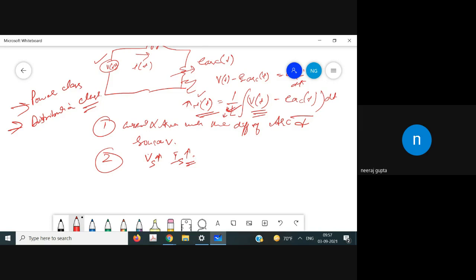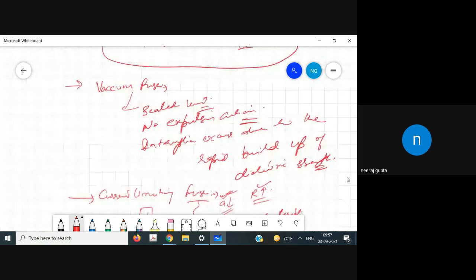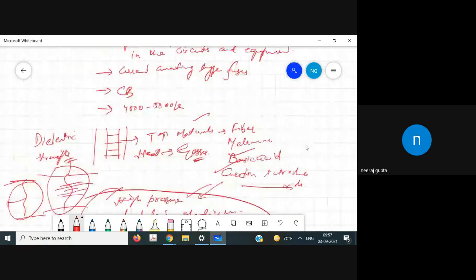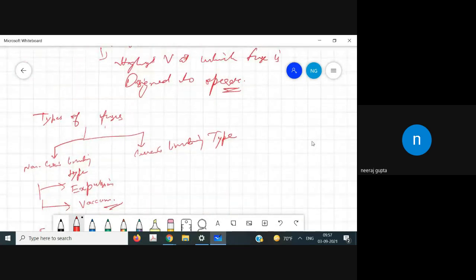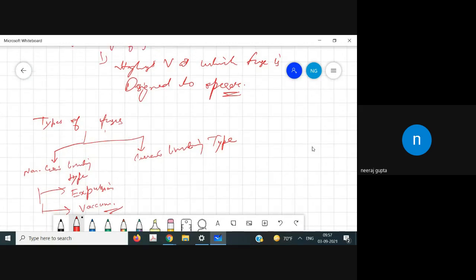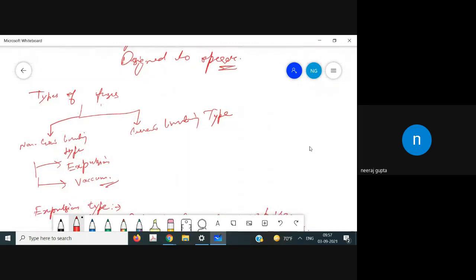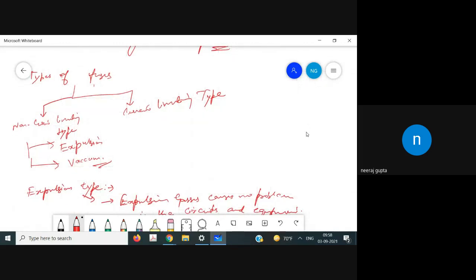So this is about the different types of fuses and their characteristics. What we discussed today is the different types of fuses. You can have the non-current limiting type, that is the expulsion and the vacuum type, then the current limiting type fuse.